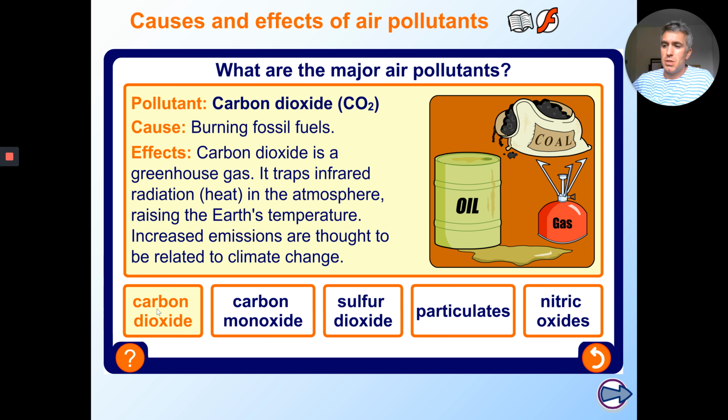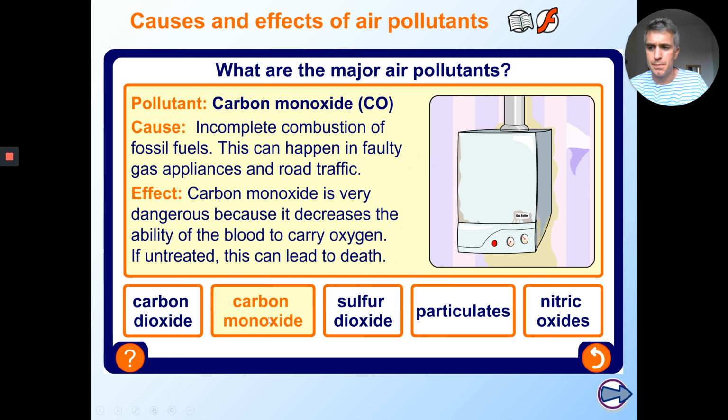So carbon dioxide is a greenhouse gas. It traps infrared radiation, heat, in the atmosphere, and it raises the Earth's temperature. Increasing emissions are thought to be related to climate change. There's no thought. It is. So you can do the first box. Or look, there are other examples we can add later.